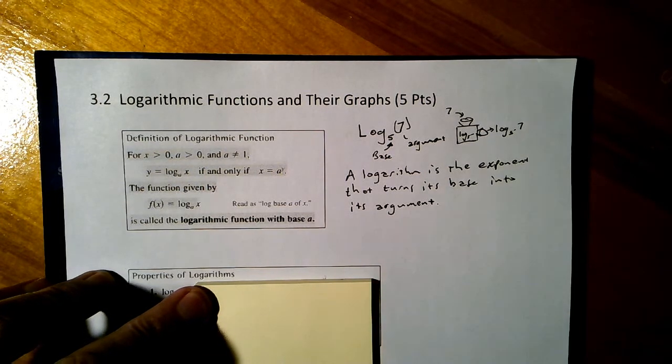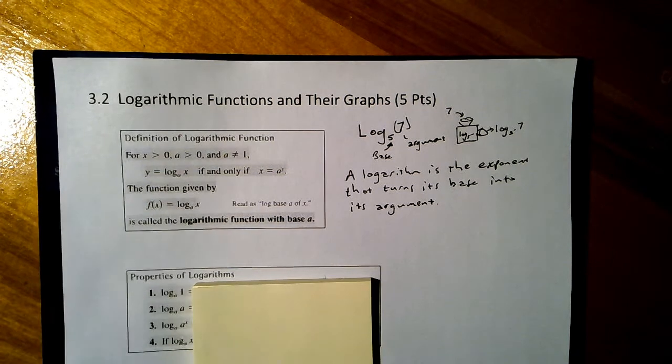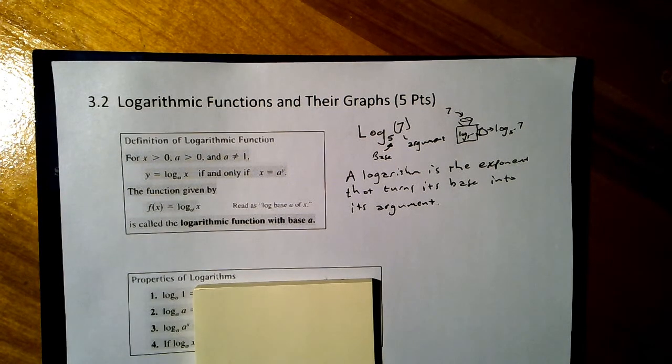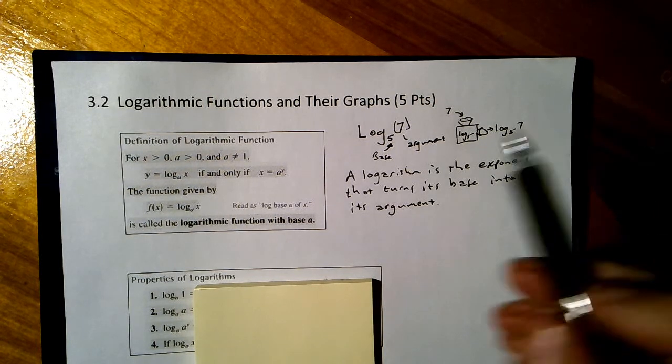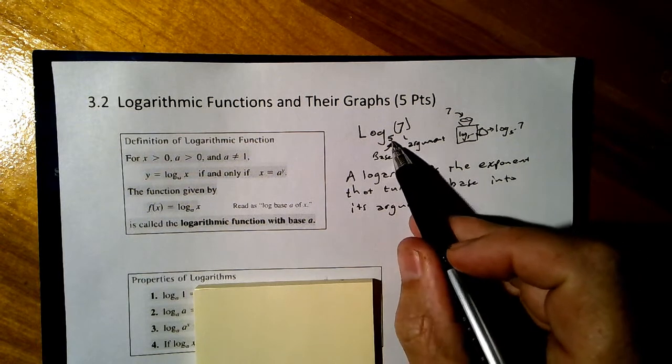That takes a little while for a lot of people to get a hold of, but that really answers all the questions about what logarithms are, how they work, how we work with them in equations, and how we think of them as functions. A logarithm is the exponent that turns the base, in this case 5, into 7.